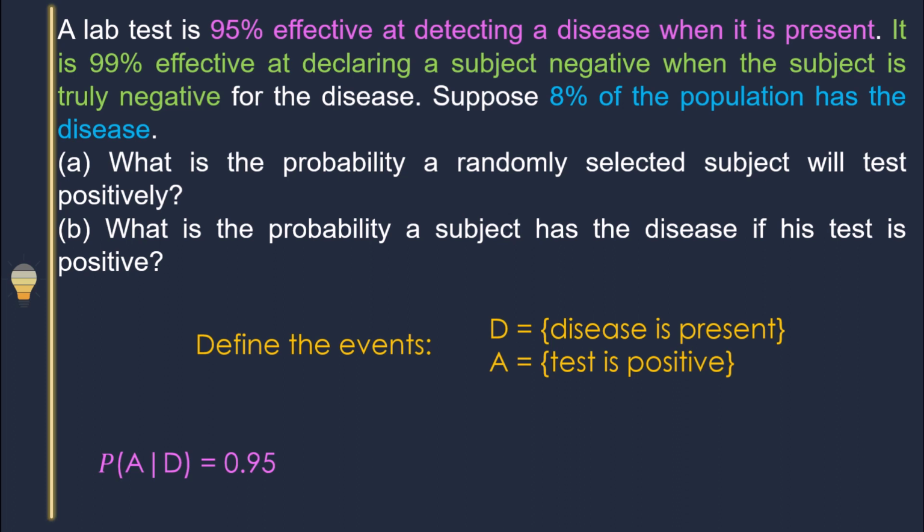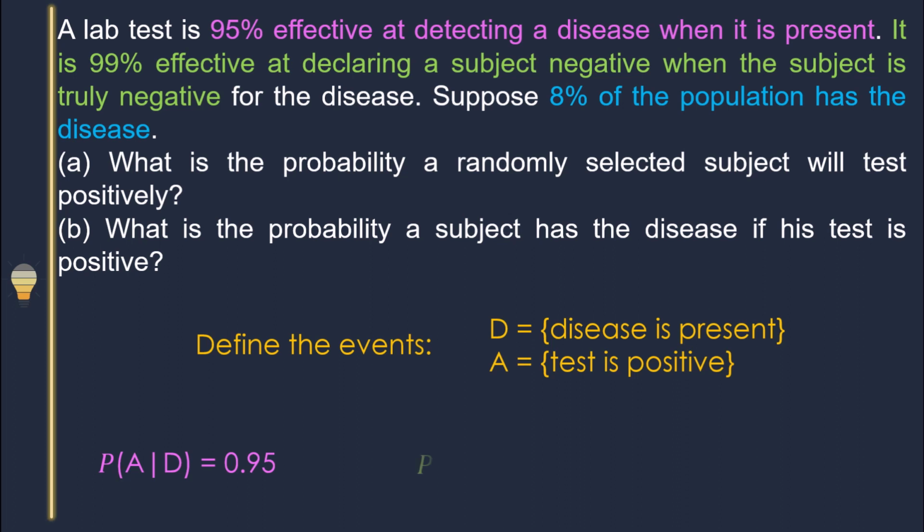But again, we have a condition here. What is the condition? When the subject is truly negative. We know the subject is truly positive, that means disease is present, that is D. So the subject is truly negative, then we can use D complement.